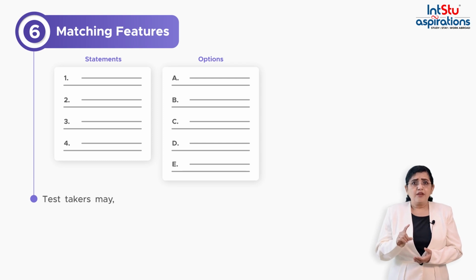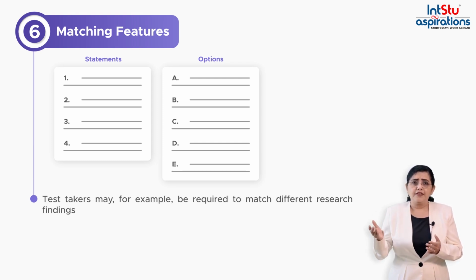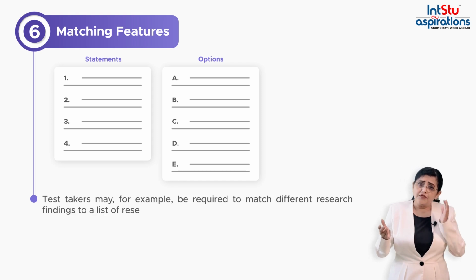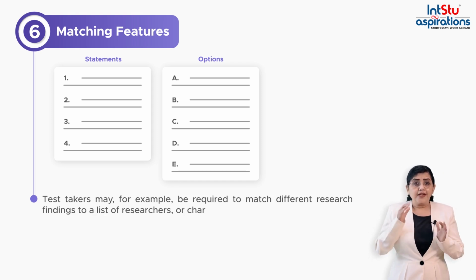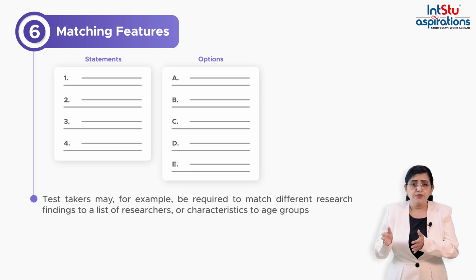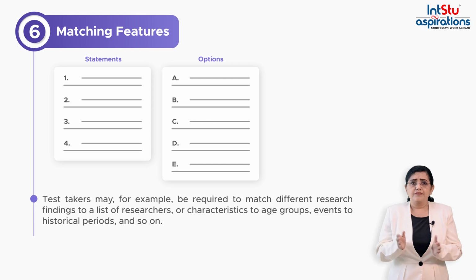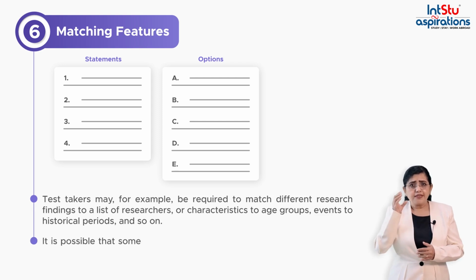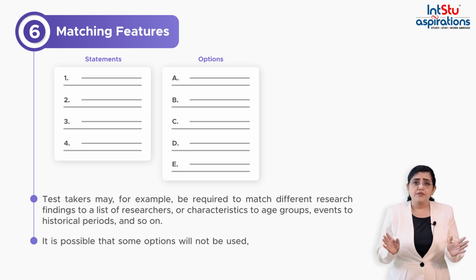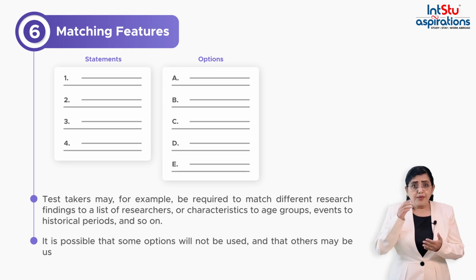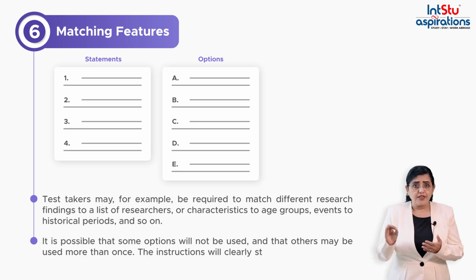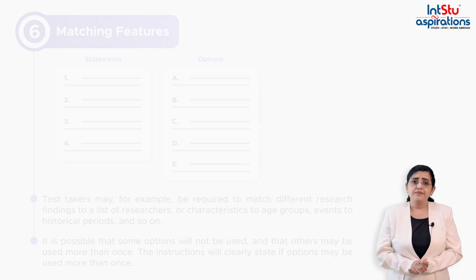Test takers may, for example, be required to match different research findings to a list of researchers, or characteristics of age groups, events, to historical periods and so on. It is possible that some options will not be used and that others may be used more than once. The instructions will clearly state if the options may be used more than once.